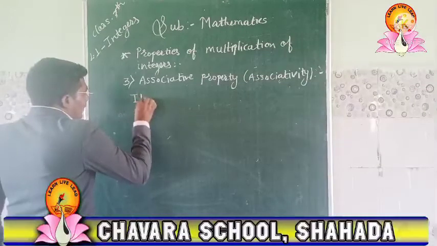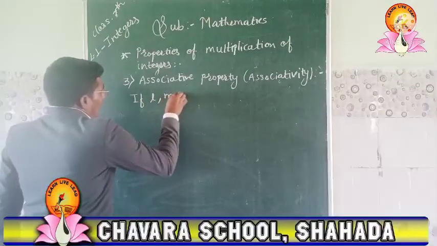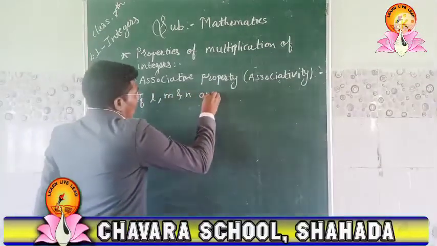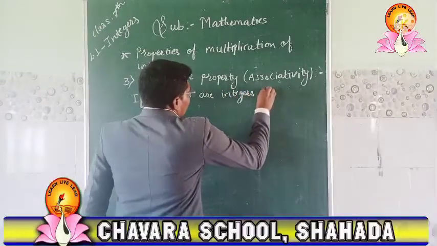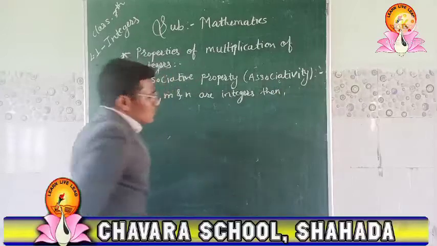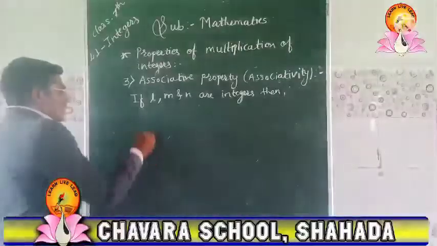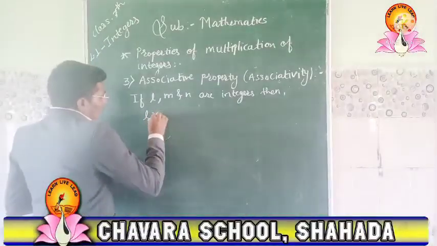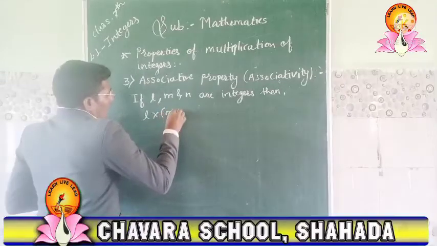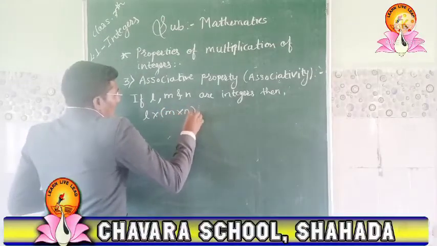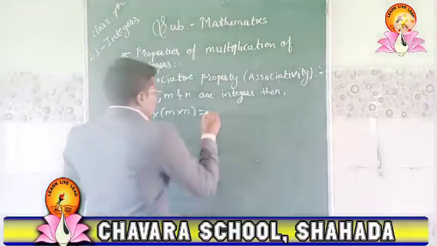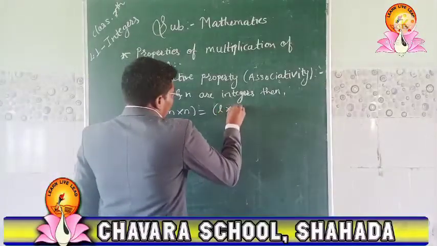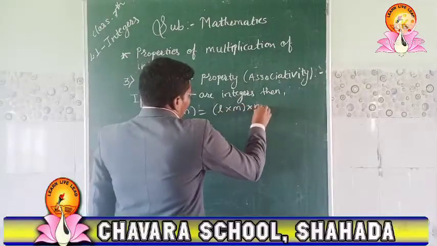If L, M and N are integers, then by means of associative property, when all the integers L, M and N are multiplied together, the answer will be L multiplied by M multiplied by N.